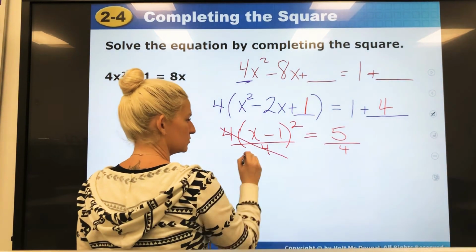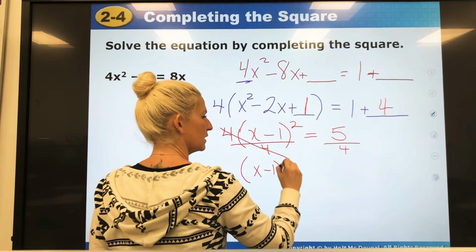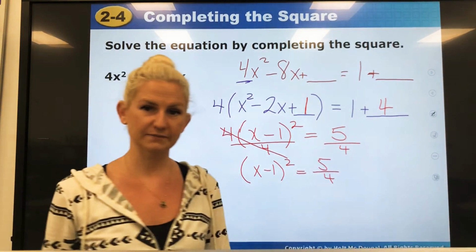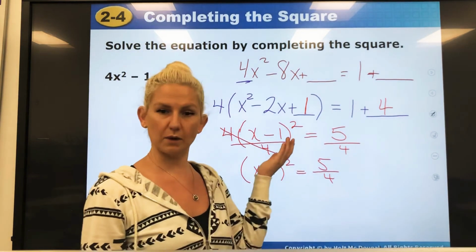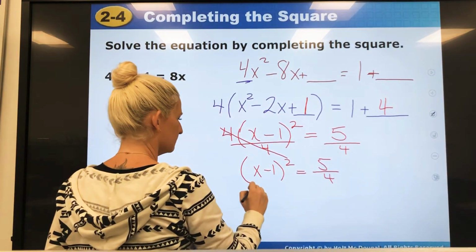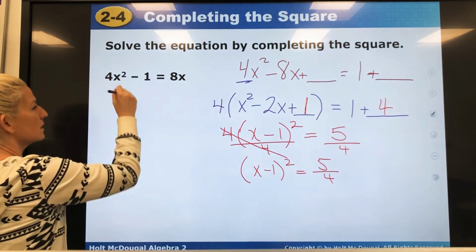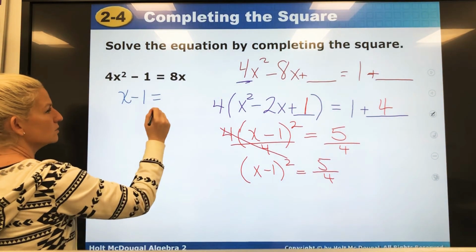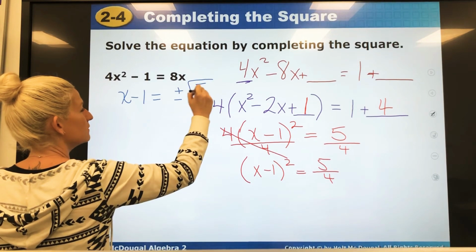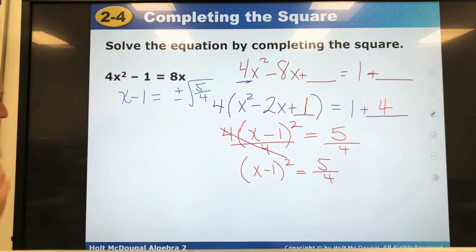So I'm going to have x minus 1 squared equals 5 over 4. Now I have to square root both sides, so x minus 1 equals positive or negative the square root of 5/4.